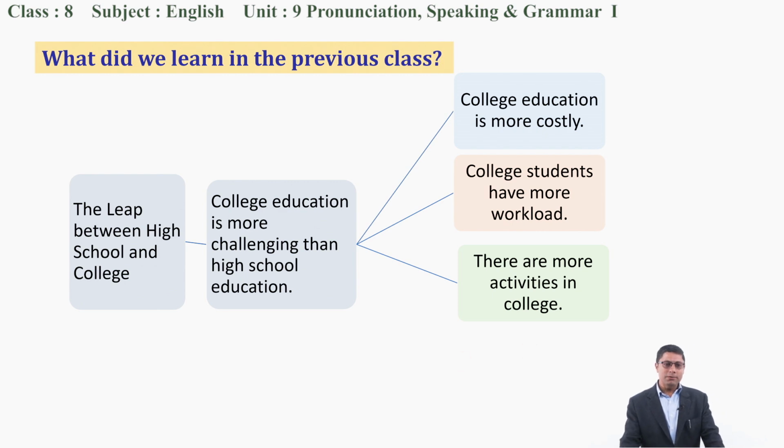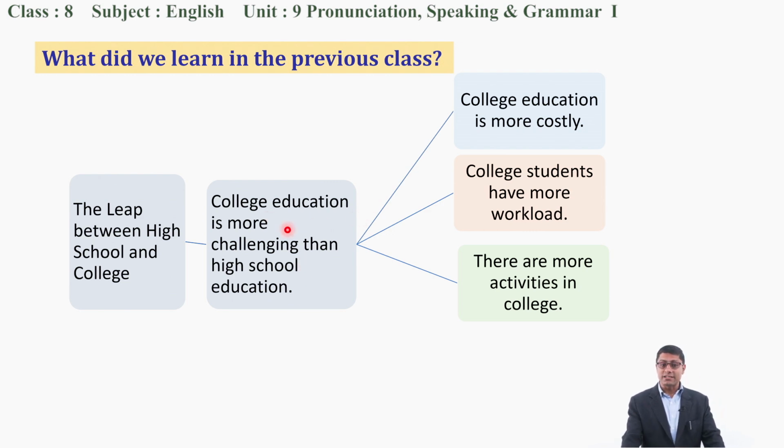So, in our previous class, we mainly discussed the reading text, the leap between high school and college. And there, we discussed that college education is more challenging than high school education. And we also discussed the reasons why.